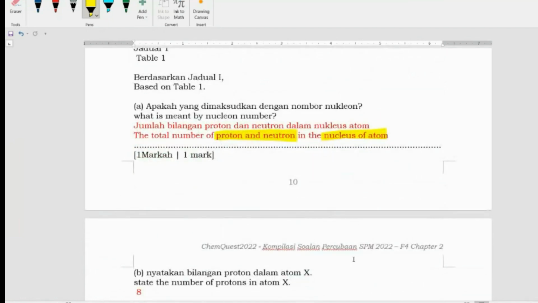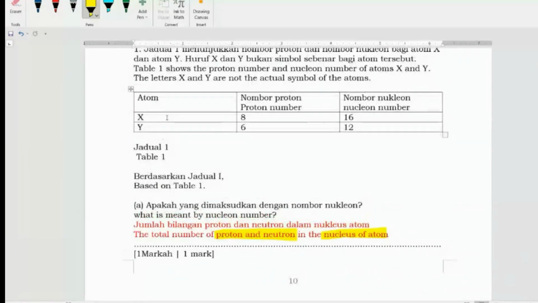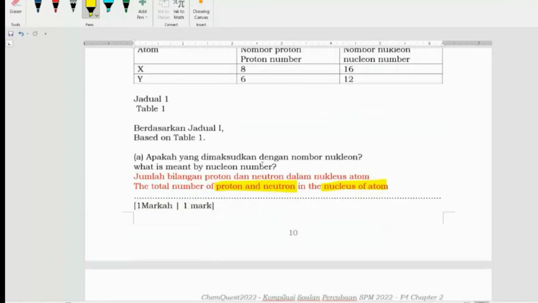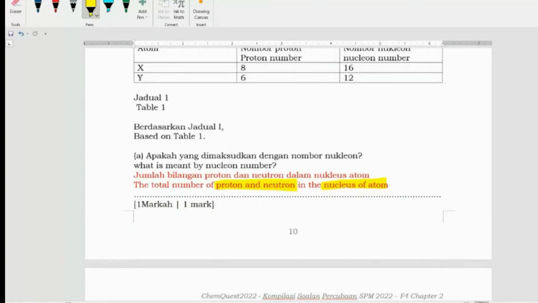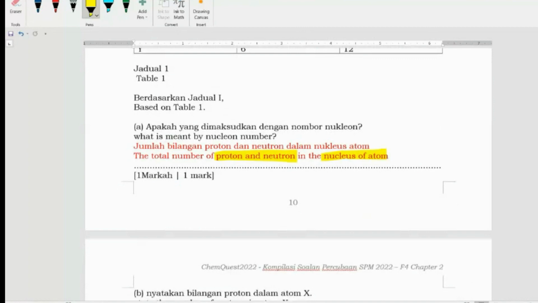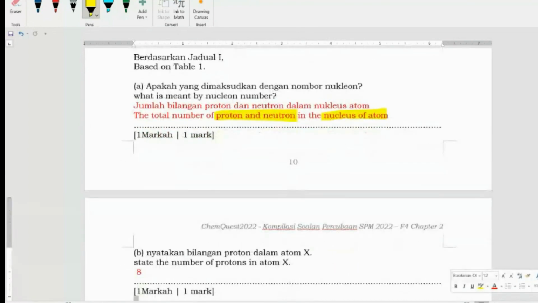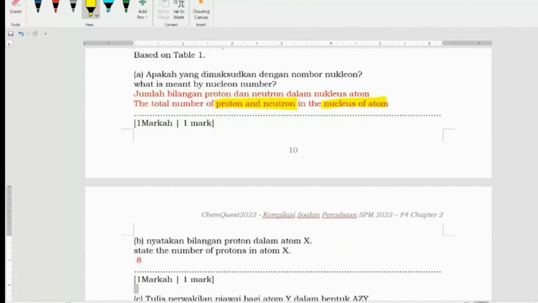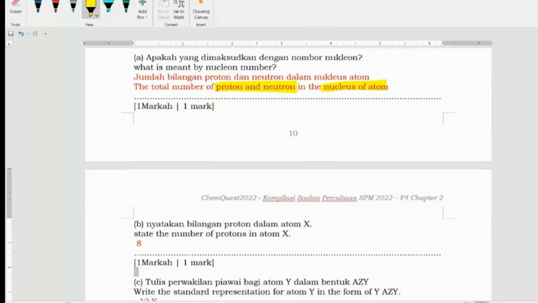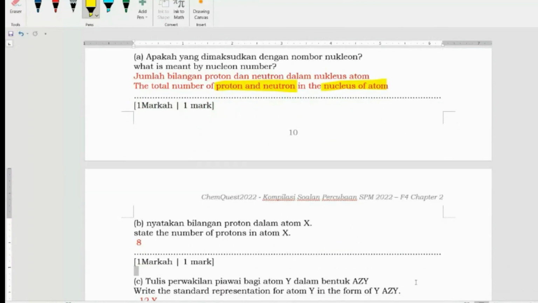Okay, now state the number of protons in the atom X. Okay, atom X. So proton number sama dengan number of proton 8 X. Okay, ini ada dia salah ini ya. Sepatutnya dia macam ini. Okay, sila pembetulan dia seperti ini.